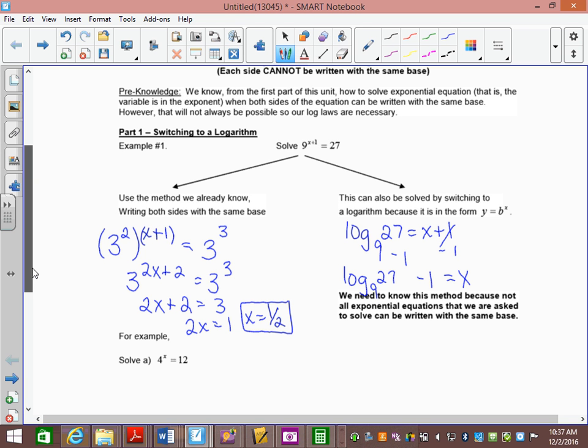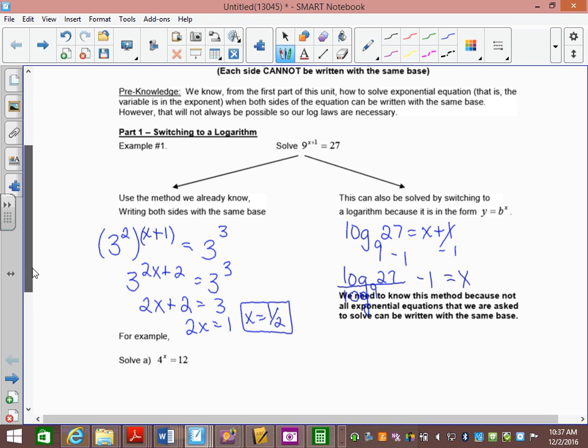So we're going to put these together. If you don't have the log base button, where you go to math and then pick log base from the bottom, you're going to go log 27 divided by log 9, hit enter, minus 1. So do that in your calculator.